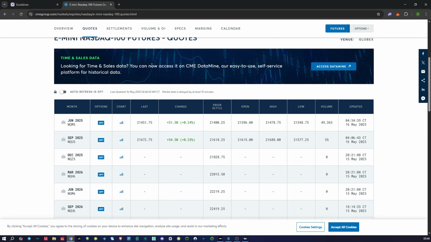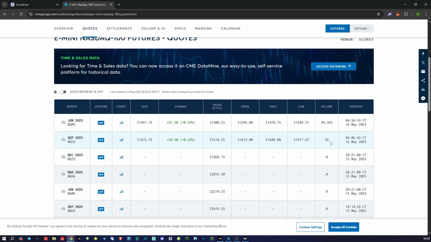If you go to the website here, you can see the volume: 49,365 contracts traded for the day so far. It's obviously going to increase, and next day it resets to 0, and then we can see the next day's volume. This is the opening price, high price, and low price of this day.